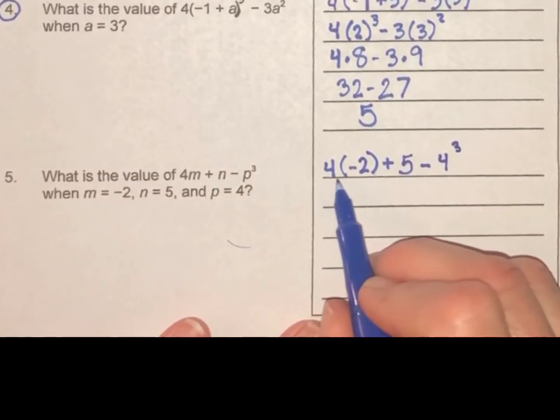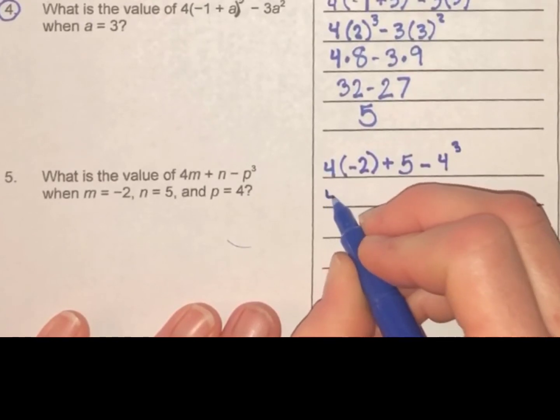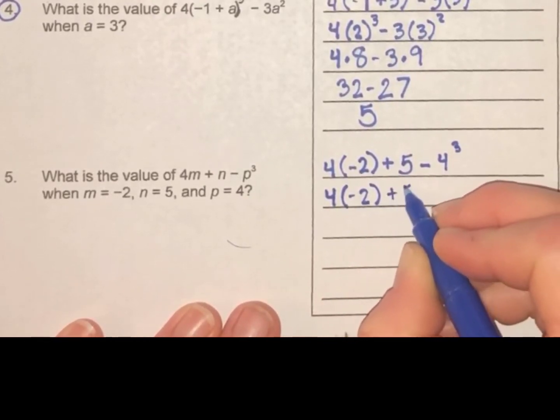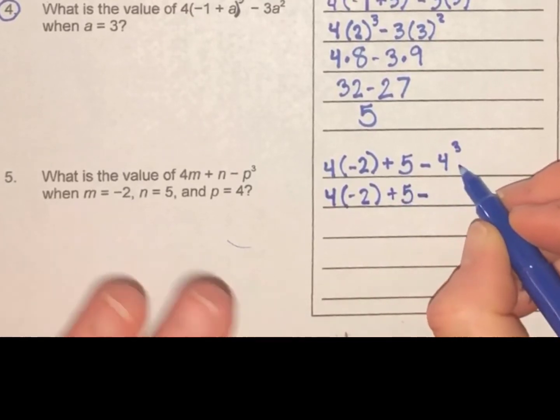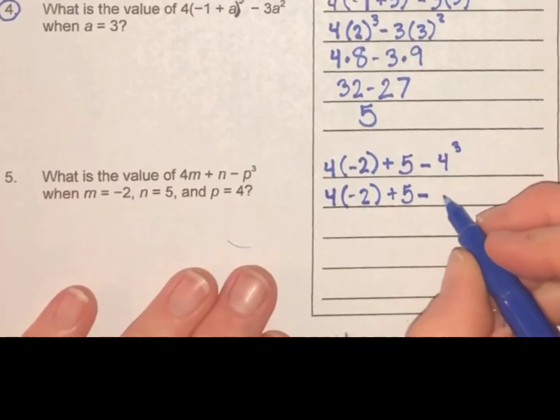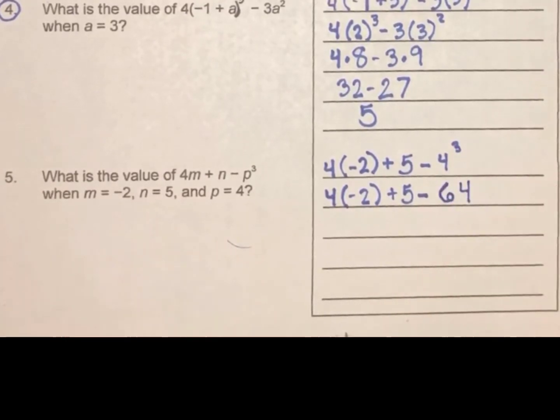I do exponents first, so 4 times (-2) plus 5 minus 4 cubed. 4 times 4 is 16, times 4 is 64. I think this is probably going to be a negative, that final answer.